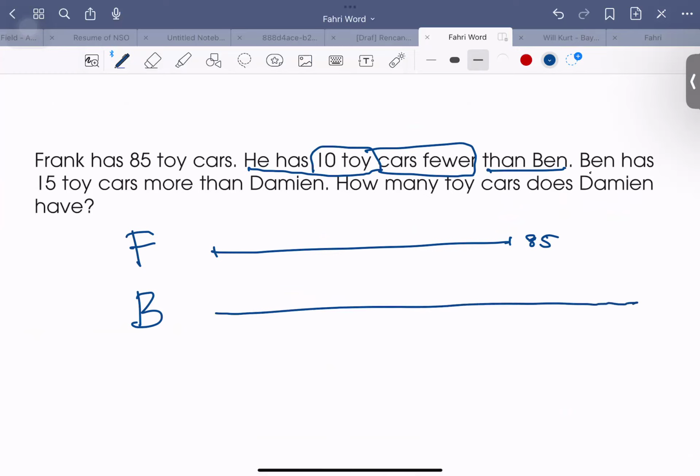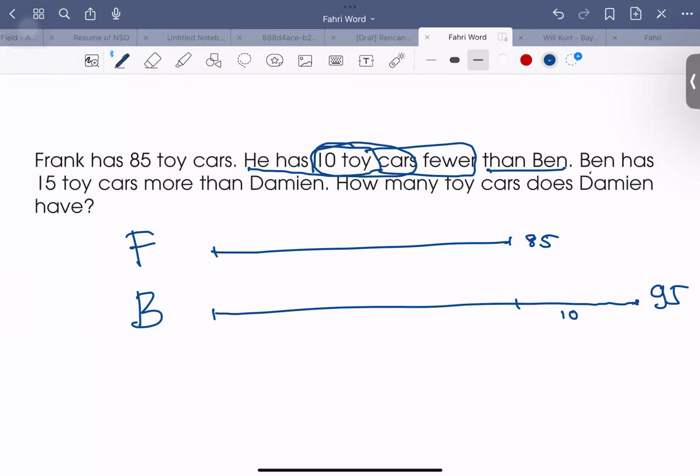Ben has a longer line here because Ben has more cars. How many more? 10 toy cars more than Frank. So it will be 10 here. That's why Ben has 95.